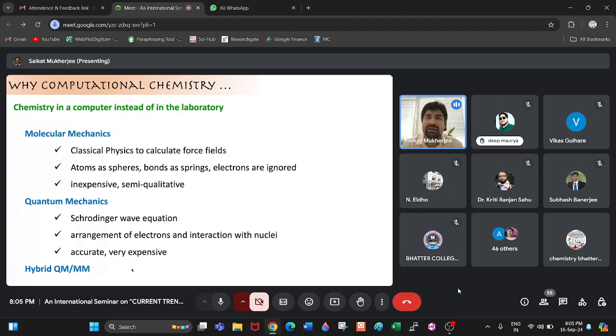So mainly Newtonian mechanics is going on in your model, with Hooke's law for the bonds and collision theory for atoms. It is computationally cheap, and you can get semi-qualitative answers.